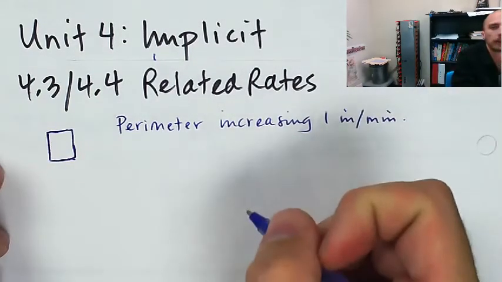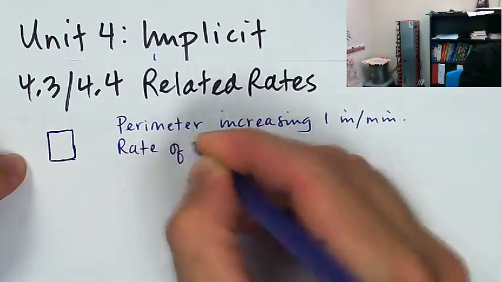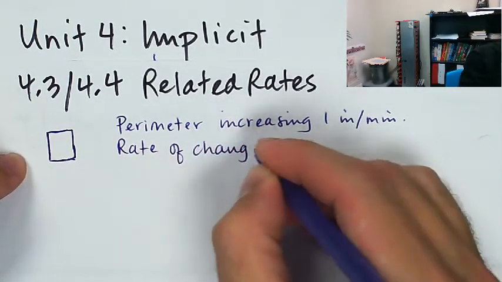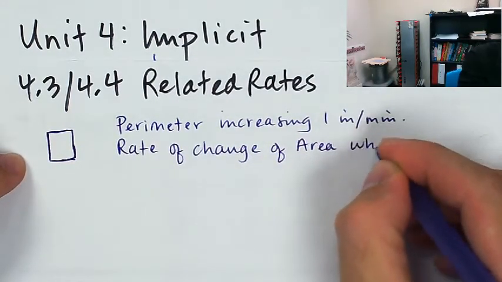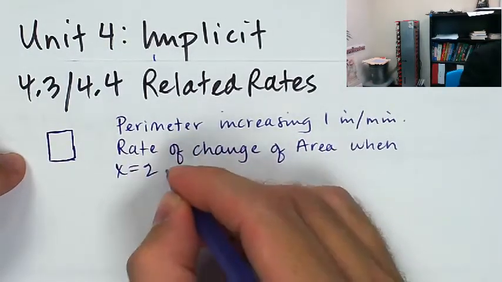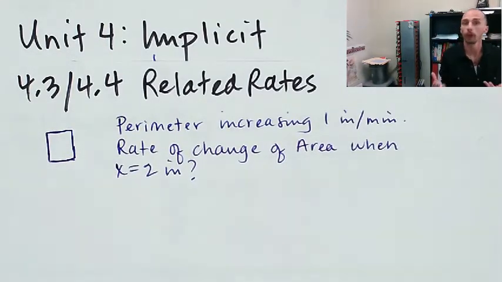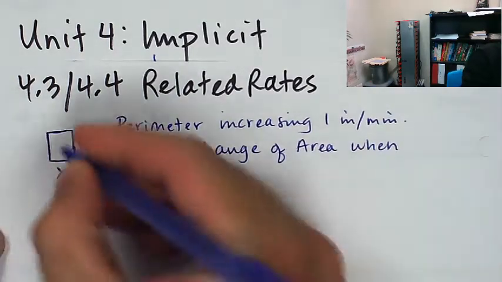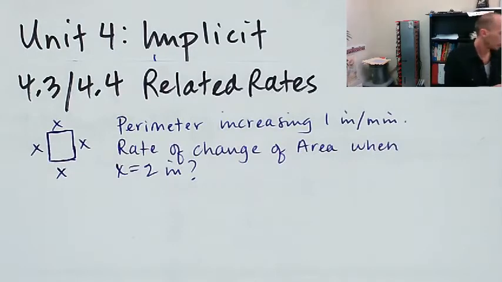I might ask you, what is the rate of change of the area of the square when the side length is equal to 2 inches? So we're going to have to work with some geometry formulas and take the derivative of them with respect to time. So this is x, and if it's a square, then these are all going to be x, and the area is x squared.